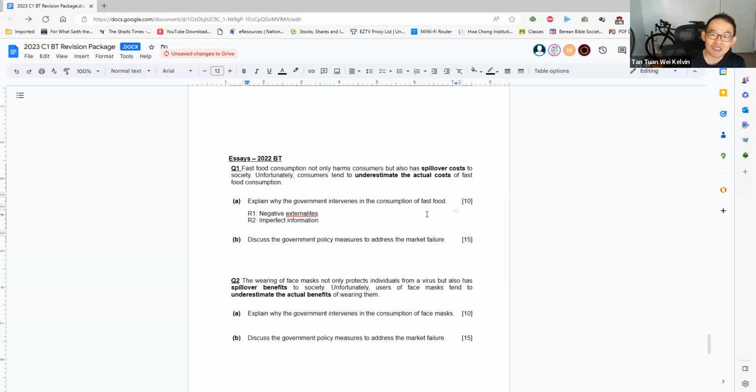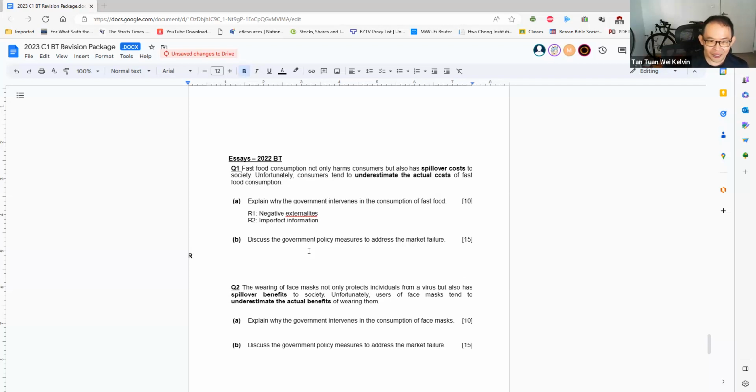Save your limitation for part B. So for this one, R1, policies to address negative externalities. This can be tax and regulation.